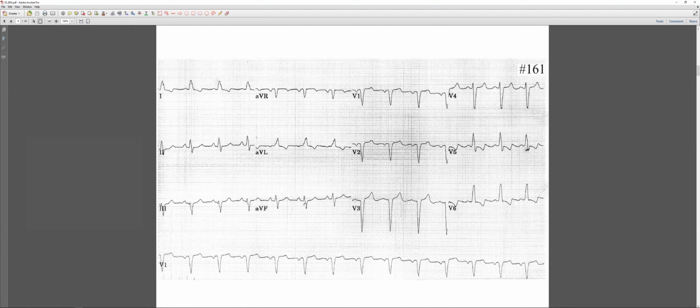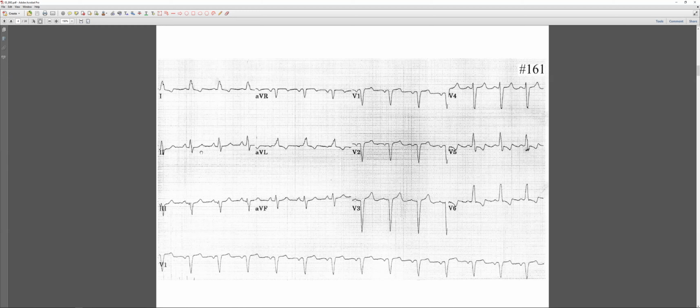So there is a left deviation. Good. And lead 2 is positive. So it is still within the normal range, between 0 and 60 degrees. Okay, go on.